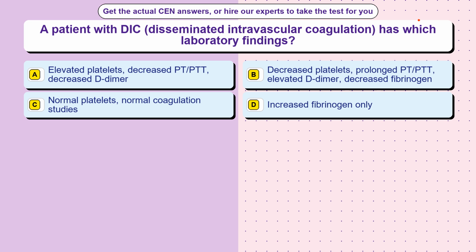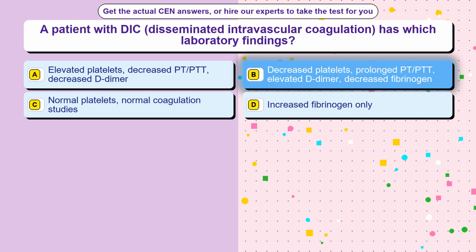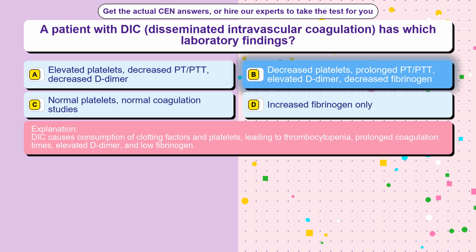Option D, increased fibrinogen only. The correct answer is option B. Decreased platelets, prolonged PT/PTT, elevated D-dimer, decreased fibrinogen. DIC causes consumption of clotting factors and platelets, leading to thrombocytopenia, prolonged coagulation times, elevated D-dimer, and low fibrinogen.